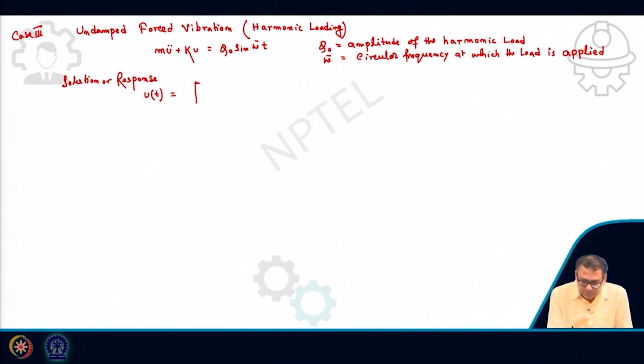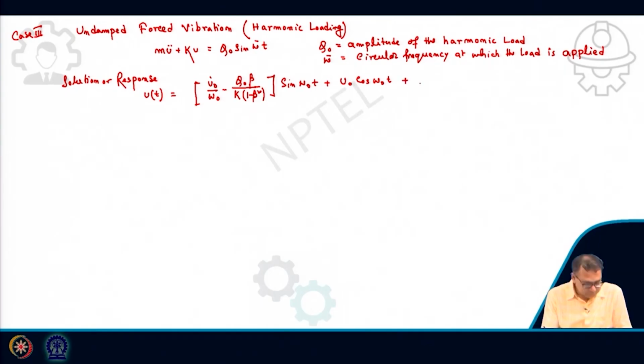So that is equal to (u0 dot divided by omega 0 minus q0 beta divided by k(1 minus beta square)) into sine omega 0 t plus u0 cos omega 0 t plus q0 by k(1 minus beta square) into sine omega bar t.